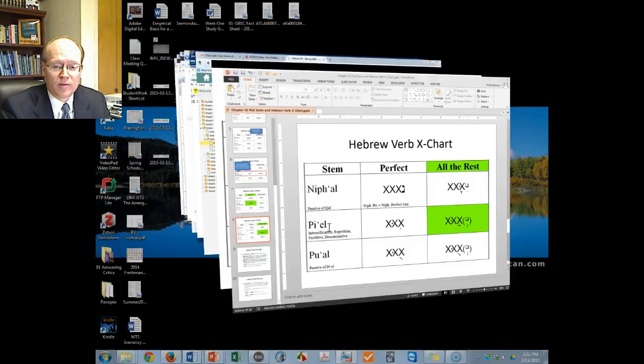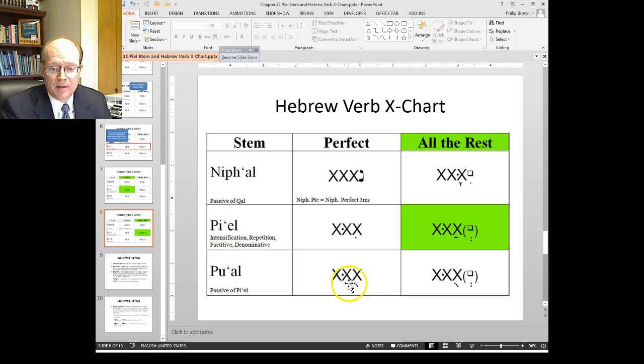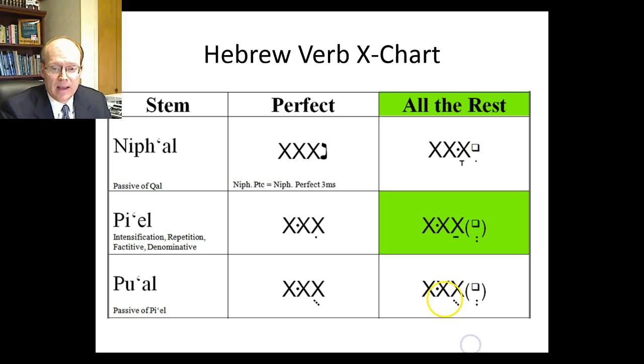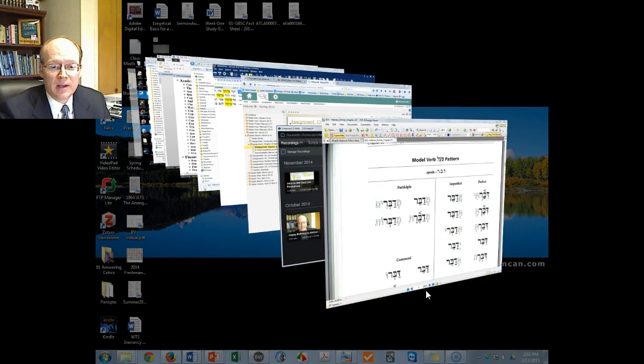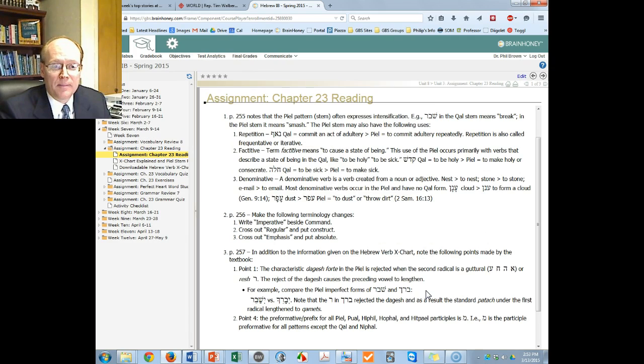Now let me come back over to my PowerPoint. And next I want to talk about the uses of the Piel. I've given you this information in Brain Honey, and it shows up here under point 1, page 255. It notes that the Piel stem often expresses intensification.